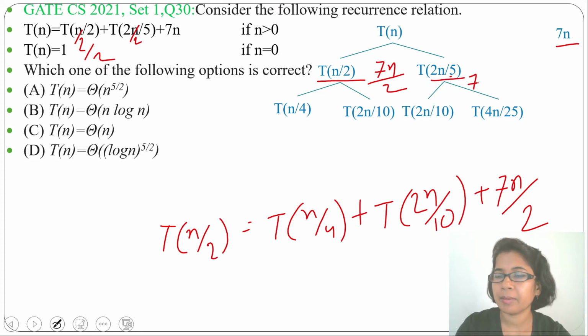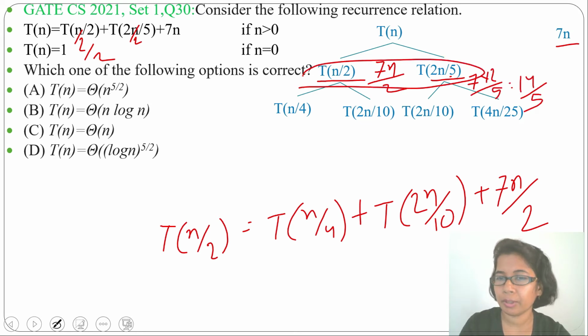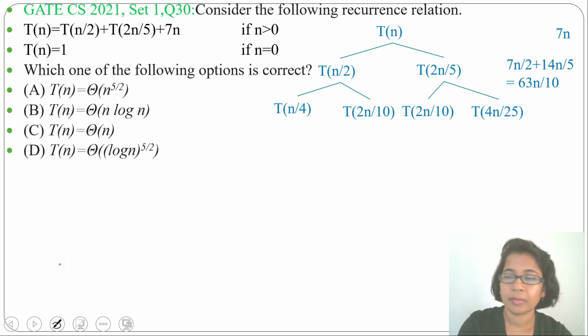It will be 7 multiplication 2, 14 divide 5. The time for the second level will be 7n divide 2 plus 14n divide 5, which is 63n divide 10. Or you can consider some constant multiplied by n. Just consider 63 divide 10 is some constant that is multiplied by n.